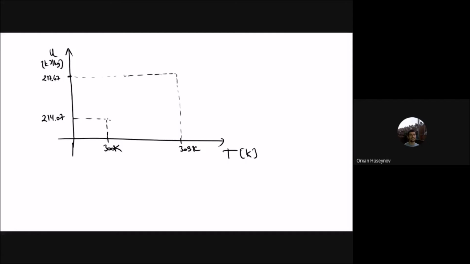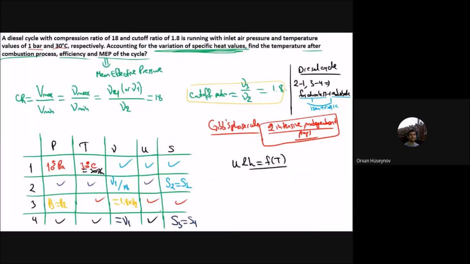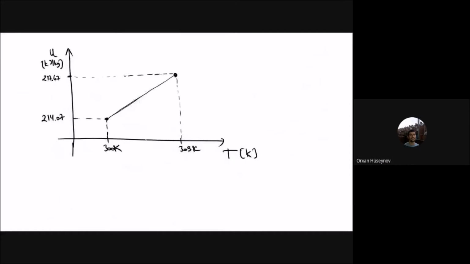In between these temperature values, from that point to this point, you will have a linear change. What we are trying to find is the internal energy at 303 Kelvin, so I'm looking for the value approximately here.